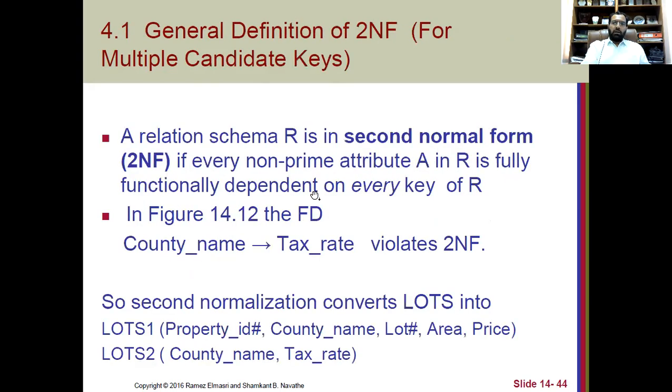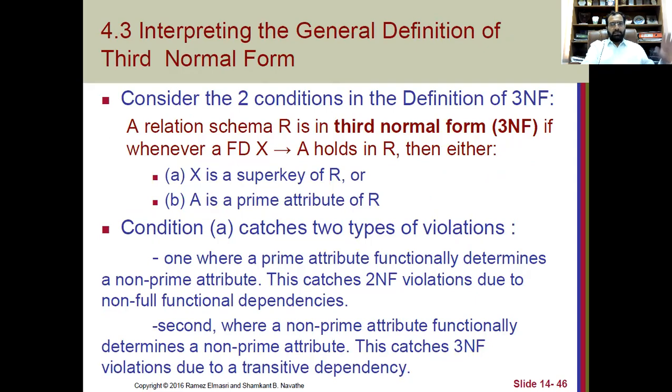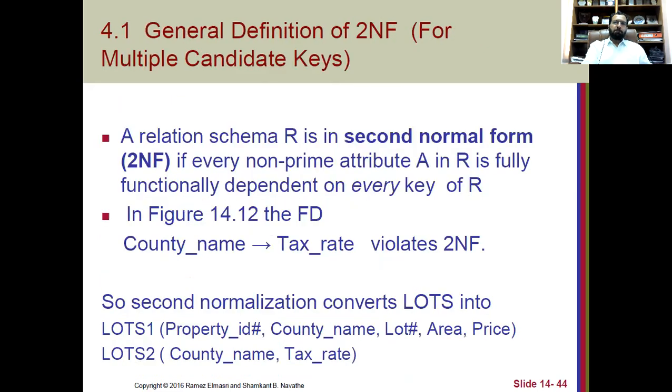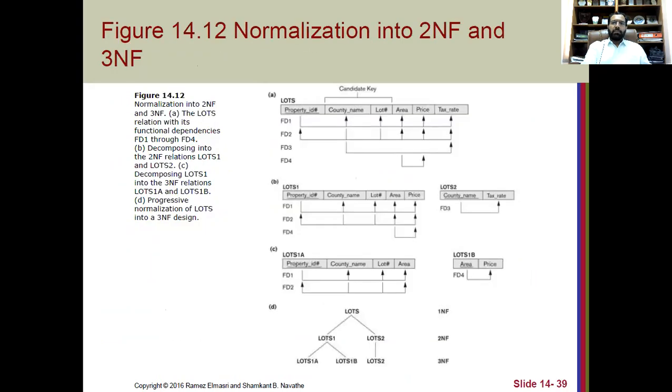We'll move forward and see how it can be applied with an example. So here we're talking about a relation schema R, which is in the second normal form if every non-prime attribute A in R is fully functionally dependent on every key of R. You can see figure 14.12, which we referred to earlier.